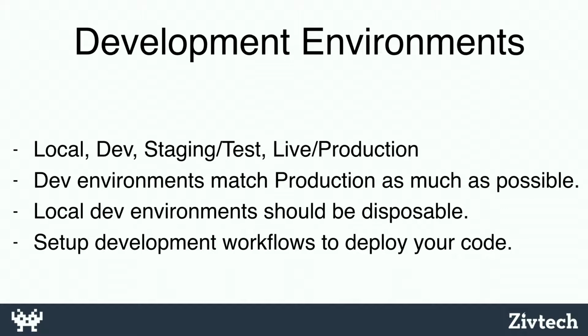We may have just a dev site, or we may have a dev site, a staging or test site, and your live production site. Sometimes there isn't always a staging site involved, so you may just have a dev site. But typically you want to have at least a local, a dev, and your production. All of these are individual environments that are isolated from each other, so you're not messing up your production site trying to test some changes out.